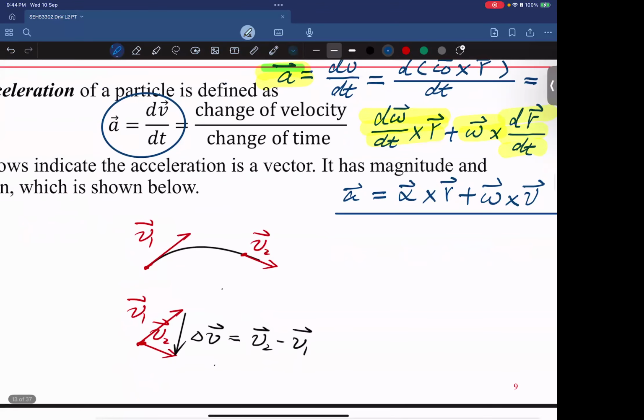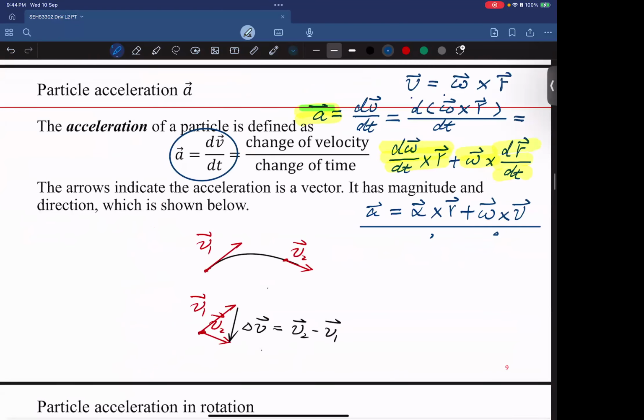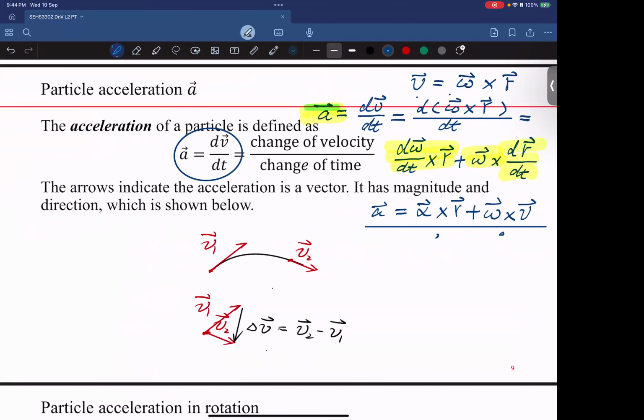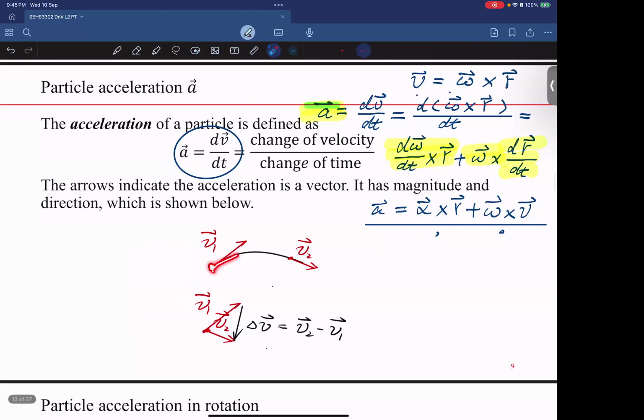Let's use a diagram to see what exactly is inside these two parts. When a particle moves along a circular path, from V1 to V2, there is a direction change.